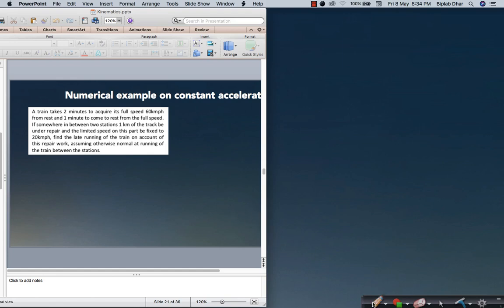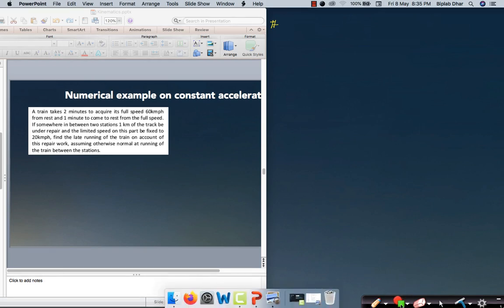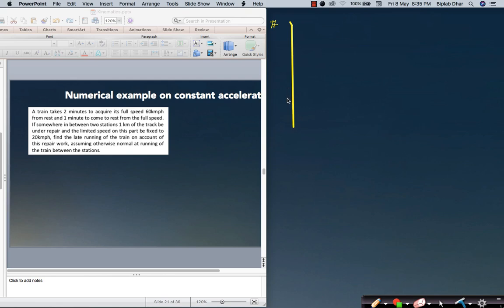To solve this question, let me first draw how the Vt graph of the train will look on a normal day, when there is no repair work. Suppose this is the V axis, this is the time axis.